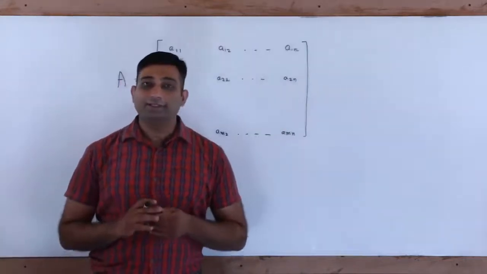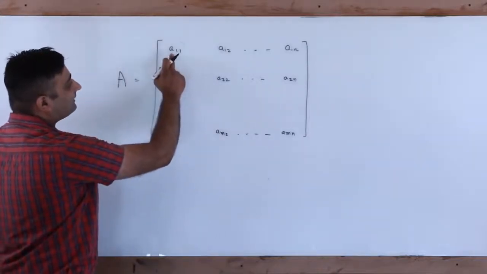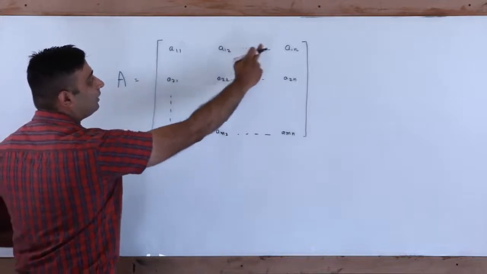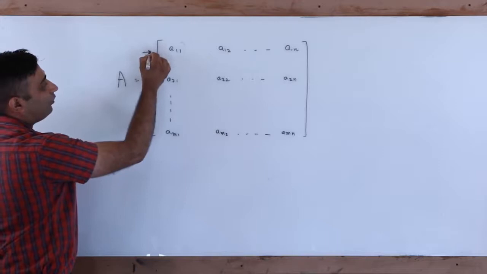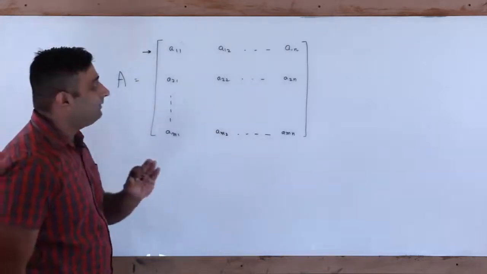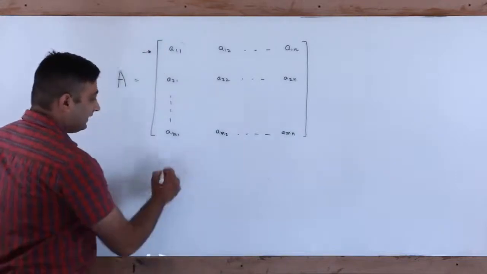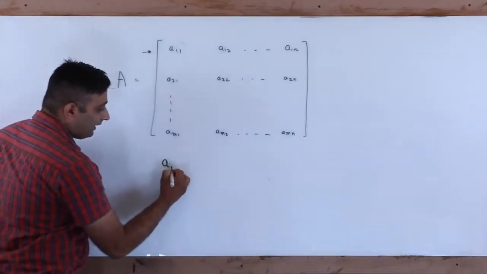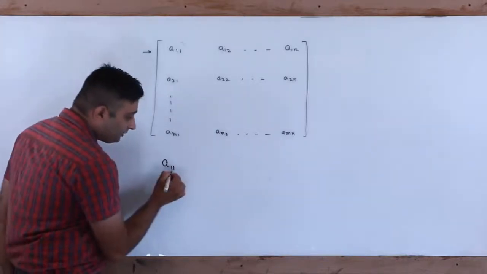In general, we represent the matrix by the elements A11, A12 up to A1n. In this, we can see that in the first row, we have n elements starting with A11. This means that A11 is the element of the first row and first column.